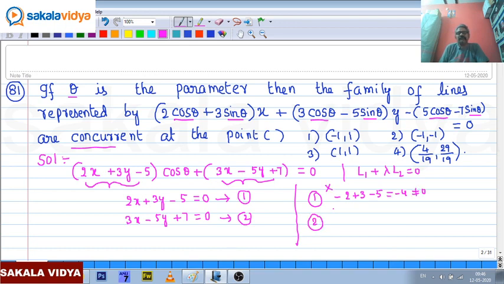Go to second option. Substitute here minus 2, minus 3 and minus 5 does not equal 0. Second option is eliminated. Go to third option. So third option is actually 2 plus 3 minus 5 equal to 0, and you need to substitute in second equation also.